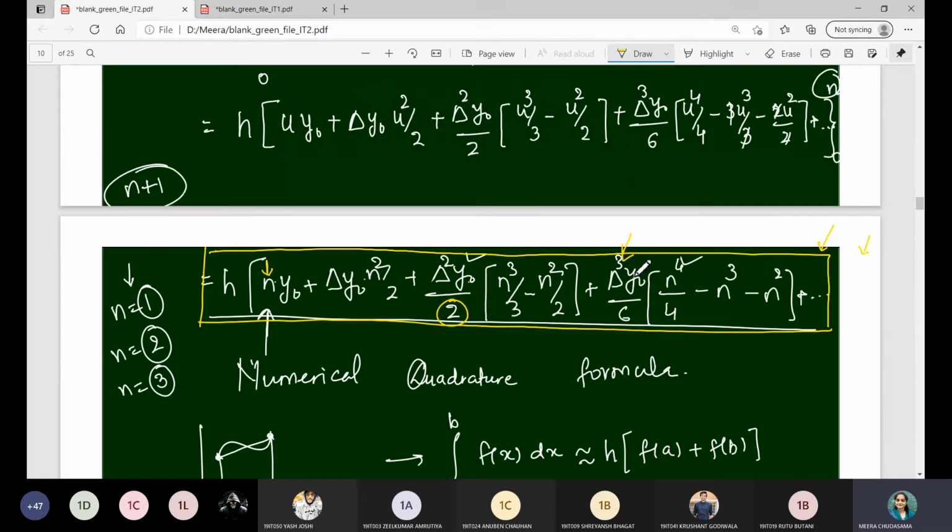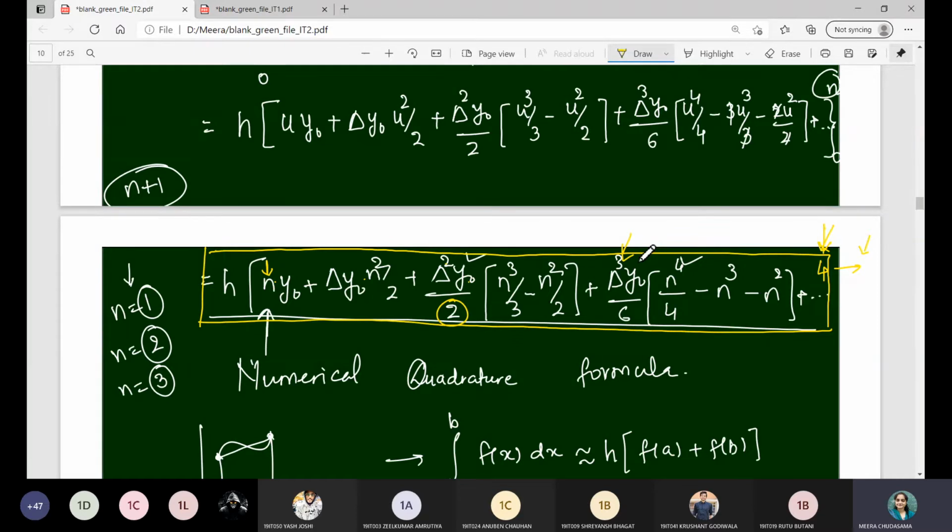To derive the Simpson's 3/8 rule, we substitute n equal to 3, and forward differences of order 4 onwards will be 0. Means we have to compute the first 4 terms, right?